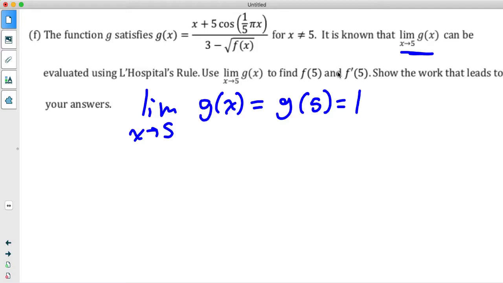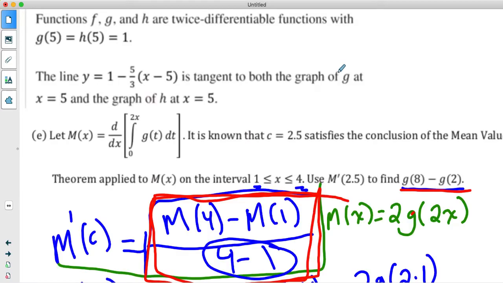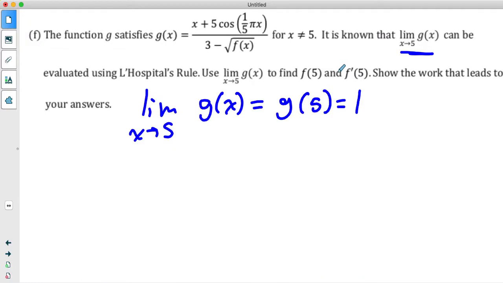We also know in that stem part, let me come back here, that g and h are twice differentiable functions. So we know that it's differentiable, and because it's differentiable, that also implies that it's continuous. Okay, so we know some pieces of information there. All right, so now we can go through and find some other pieces of information here.